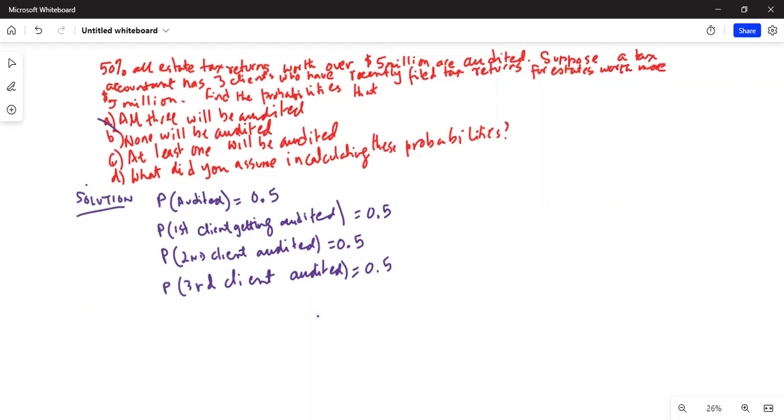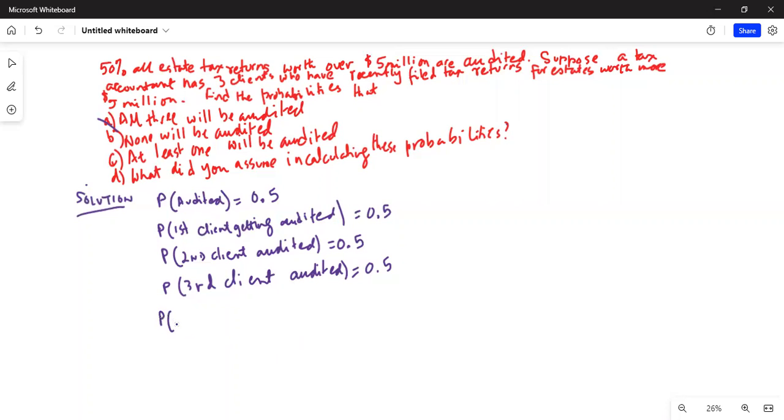Since whether the first client gets audited will not influence whether the second client gets audited, and that in turn will not influence whether the third client gets audited, these 3 events are independent events.